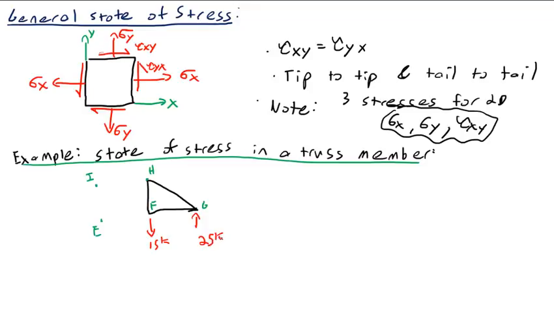25 kip force upward here. Then I cut it along this line for the sake of finding these forces. So we have FHI, FI, and FEF.